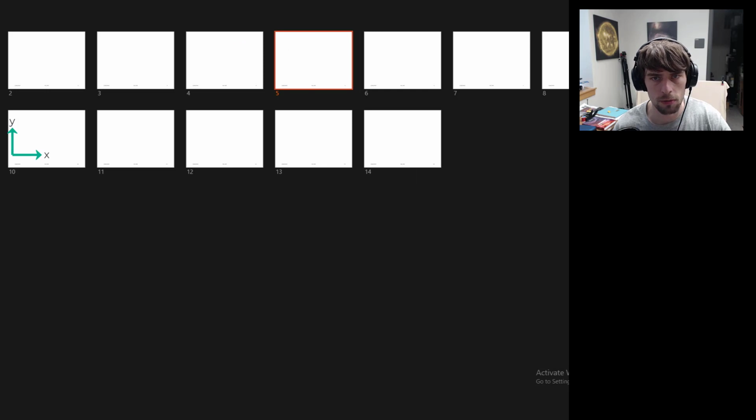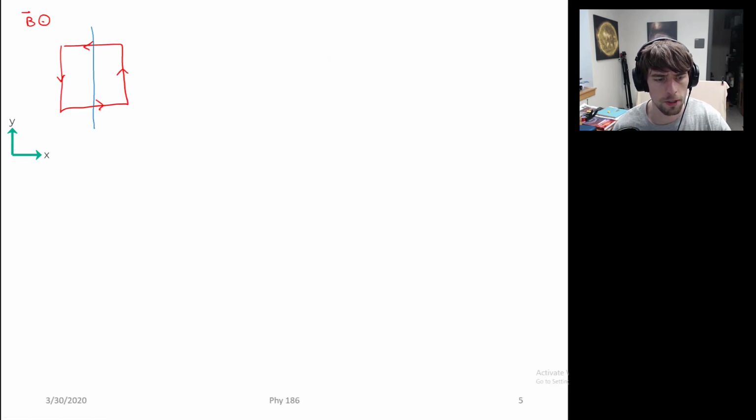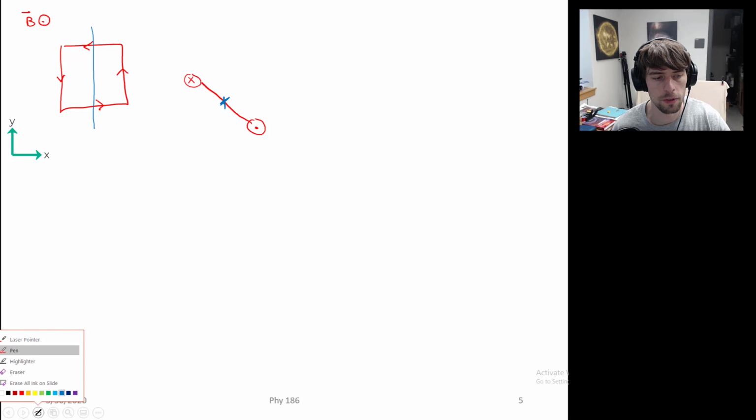Now what I'm going to do is say that the loop of wire is not quite oriented with the magnetic field. In other words, here's my pivot point right there, and my magnetic field, which I'll do in green here, is going this way, B.